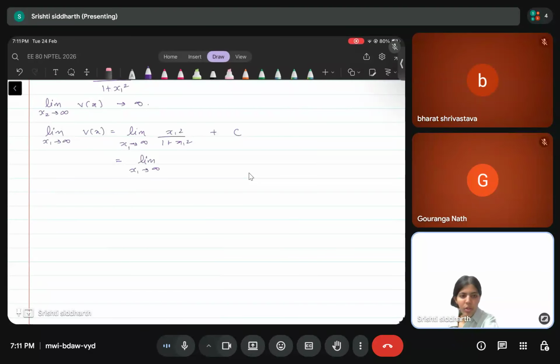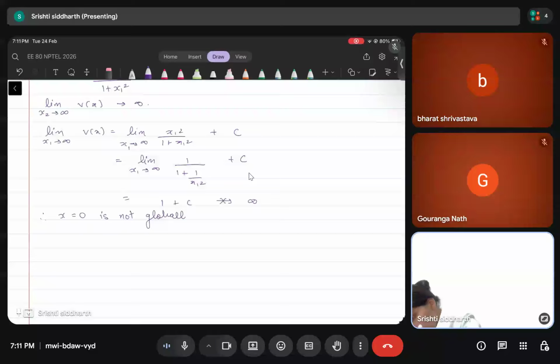So divide by x1 squared in the numerator and denominator. Which means that V(x) does not tend to infinity. Therefore, x equals 0 is not globally asymptotically stable.